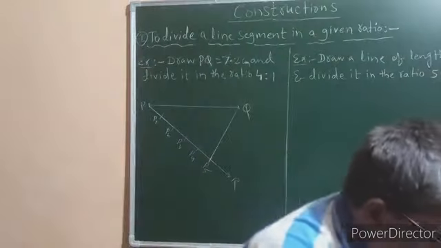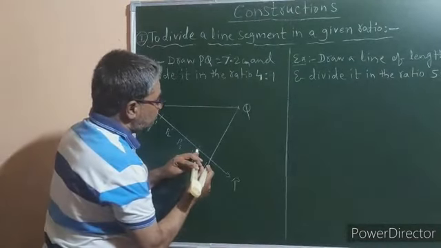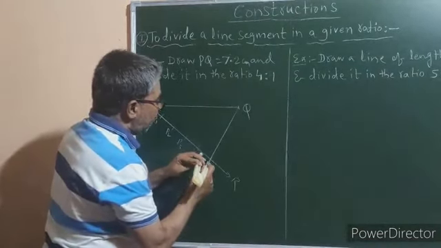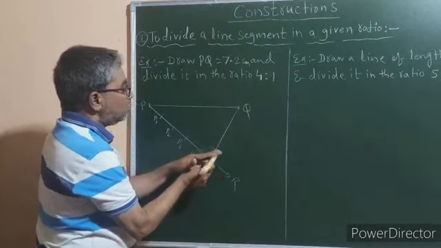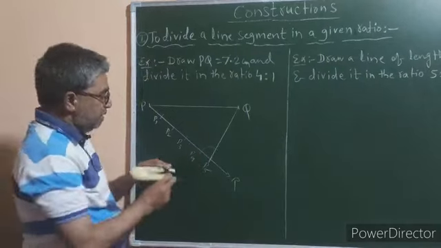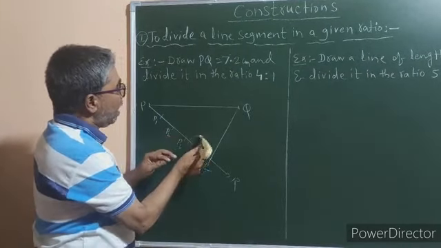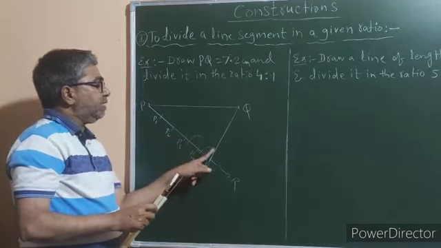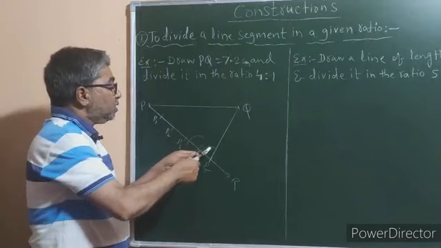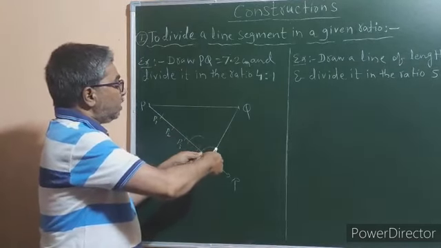The method you know, taking a certain distance on compass, assuming P5 as center, you have to draw an arc like this, and from P4 you have to draw one more arc. Now take the distance between these 2 points on the compass.